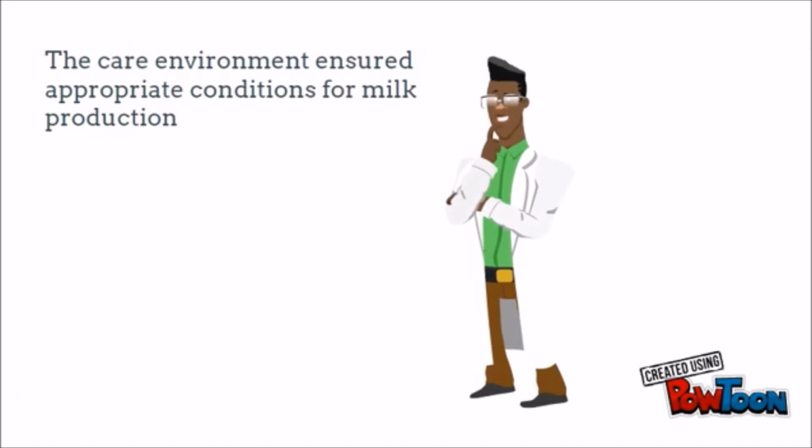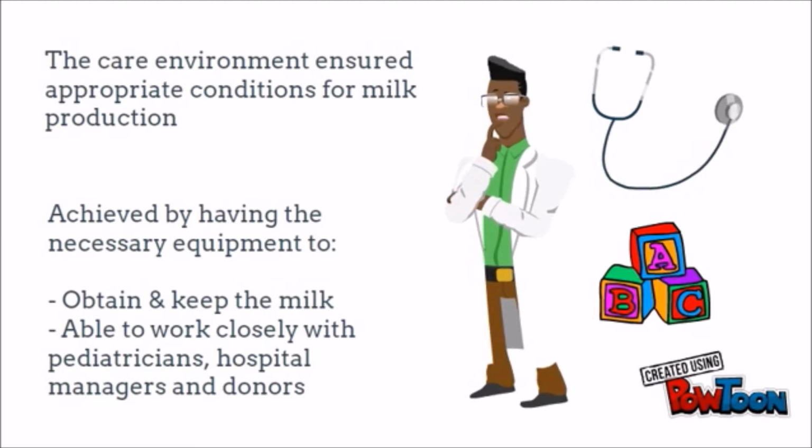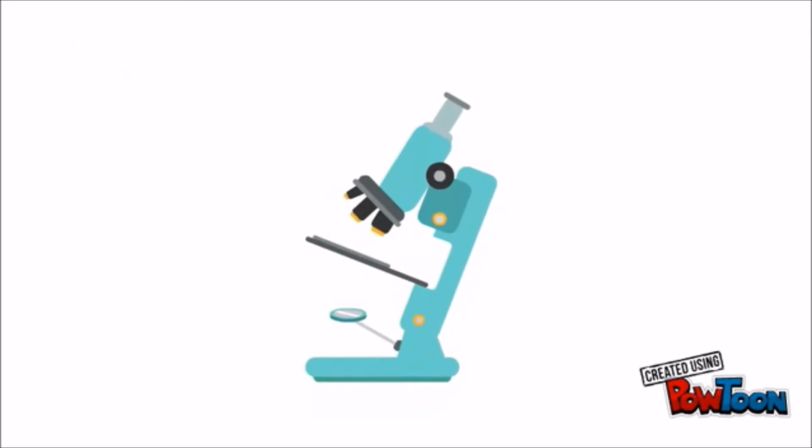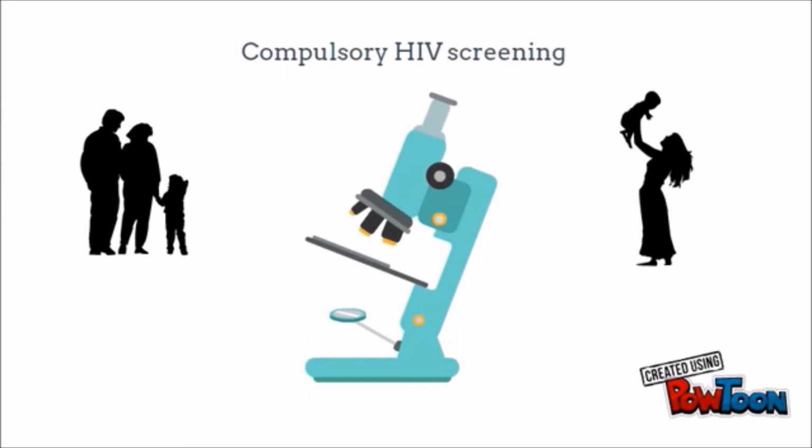This was achieved by having necessary equipment to obtain and keep the milk, and working closely with paediatricians, hospital managers, and donors. In order to ensure the milk was risk-free, all donors had to undergo compulsory HIV screening.